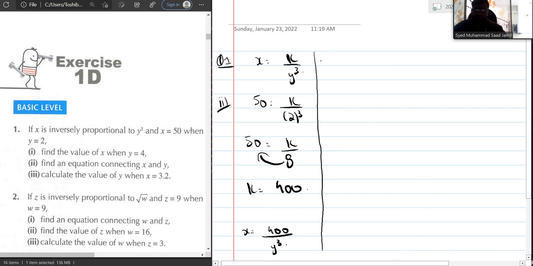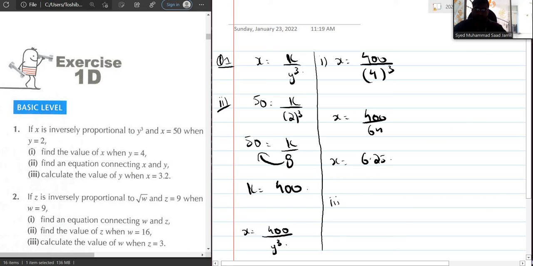Let's do part 1 now, which says find the value of x when y equals 4. So x equals, what's the value of k? 400 upon 4 cubed. So x equals 400 divided by 64, because 4 cubed is 64. So 400 divided by 64 would give you an answer of 6.25.